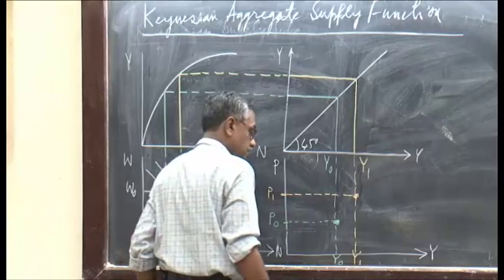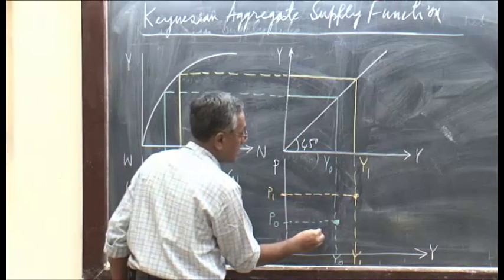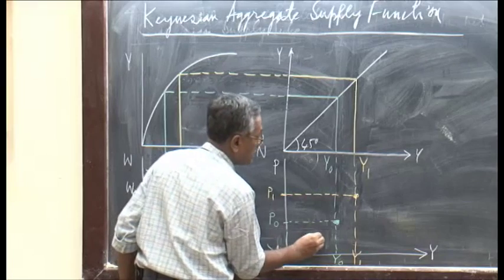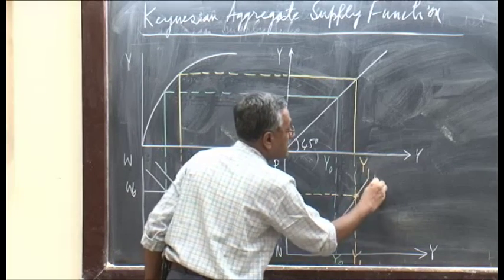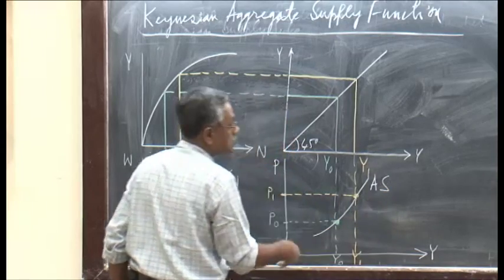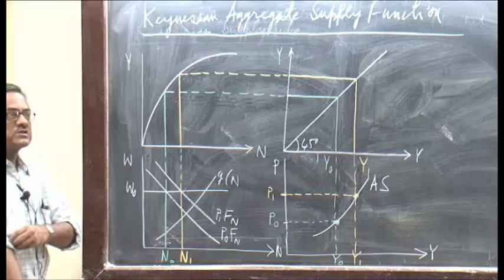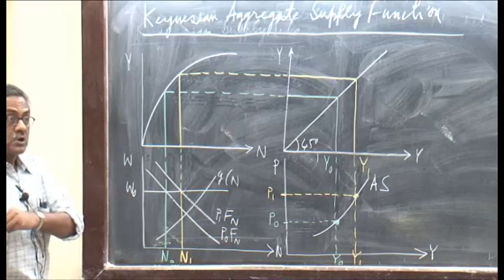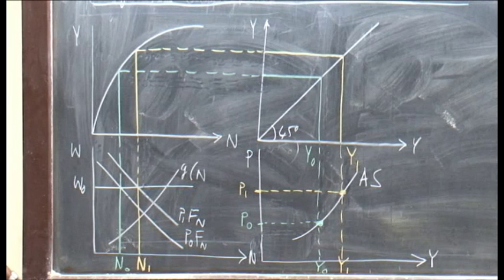Now you can see that you have two coordinates, and there will be this upward sloping aggregate supply function coming out. As prices increase, more output is produced, more employment is generated. So this is the Keynesian aggregate supply function.